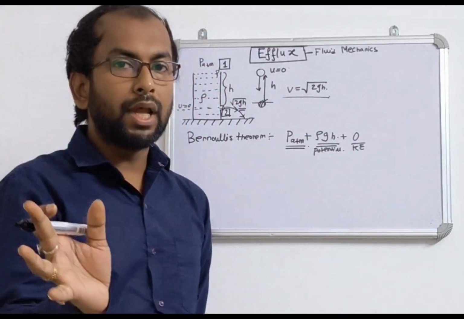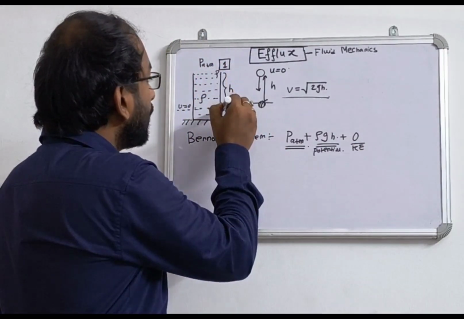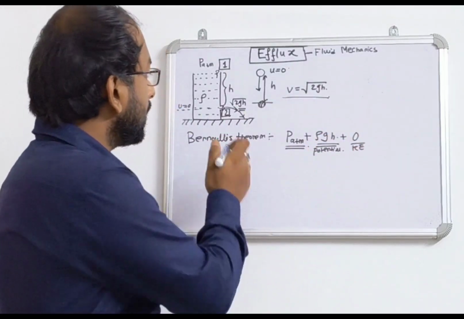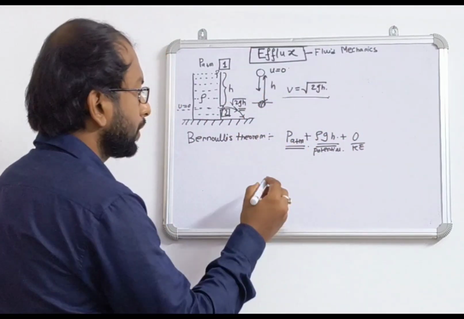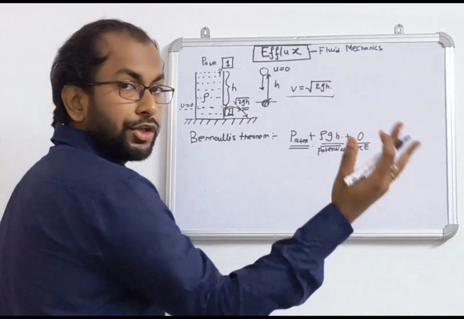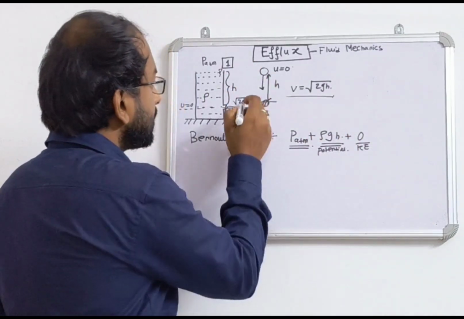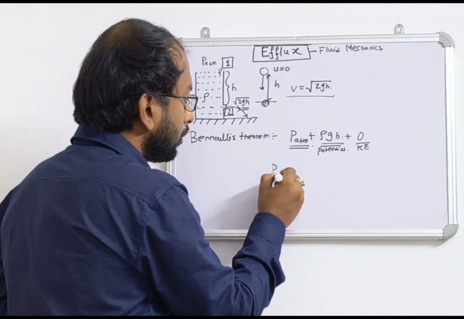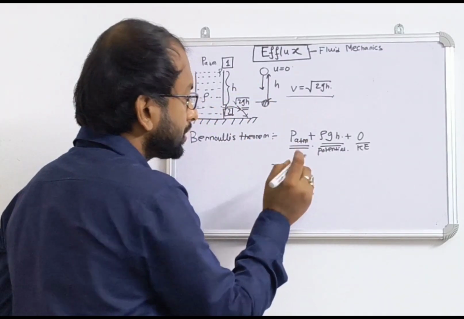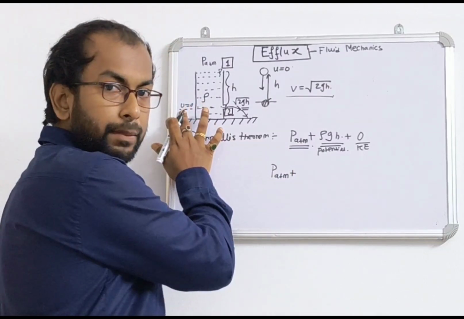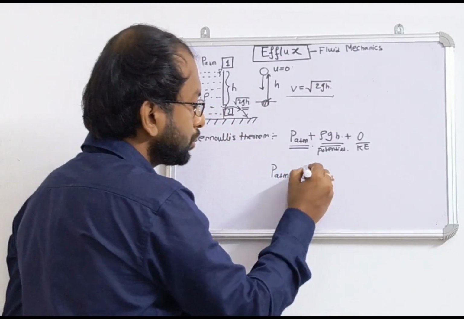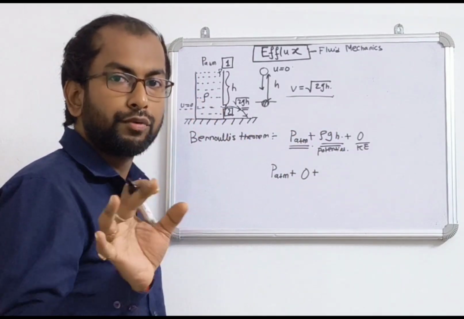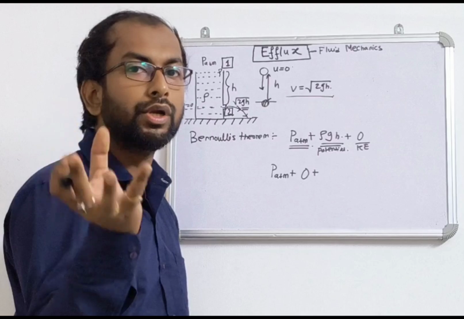Now on the same streamline, if this liquid is coming to point 2, going out through the hole, suppose its velocity is v. Now that time also we will write the energy conservation. See, it is open to the atmosphere, so the pressure will also be P atm, plus we are considering at this point the potential to be 0, plus kinetic energy per unit volume is half of rho v square, because rho is the mass per unit volume.